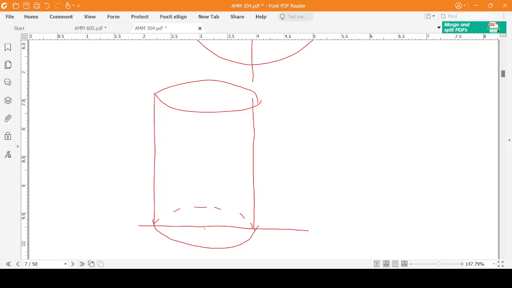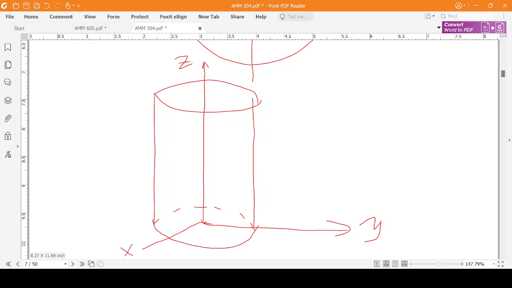let me draw it well. You have the center here. From the center, you have the z-axis. Then you have the y-axis, and then you have the x. So in this case, whenever you want to move, you start from the center, not just anywhere. You don't have to move along the x-axis.